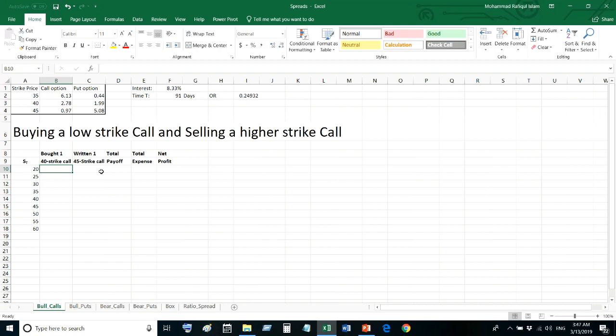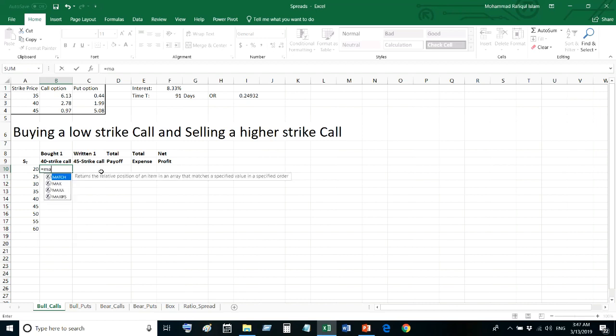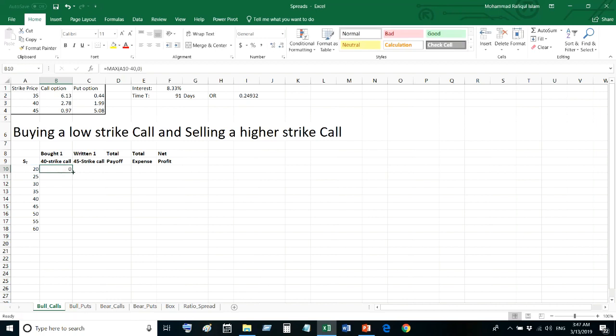We bought a 40 strike call, so our payoff should be, since we bought, it's positive and it's a call, so maximum of ST, this is our ST, negative the strike price, which is 40, or 0. That's the payoff from buying the 40 strike call. Let's find the payoff for the written 45 strike call.